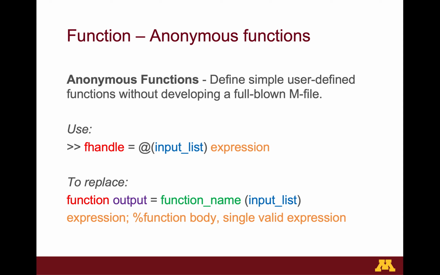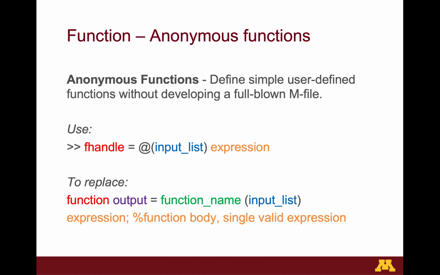Similarly, there are many other functions that can be executed with one line. In that case, we can use anonymous functions. So instead of using two lines, the first line to define function output equals function name of input list, and then the expression, which is the function body, we use one line, which is fhandle equals at input list expression.